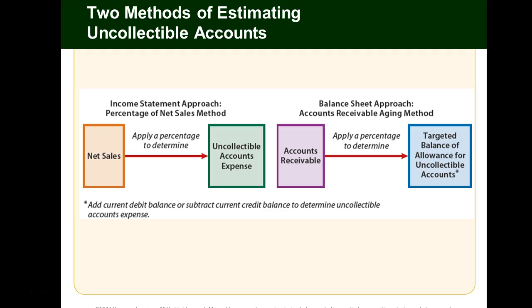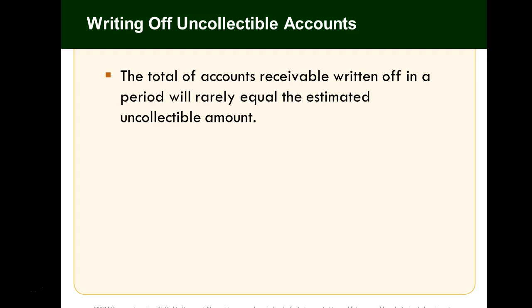So we know the income statement method takes our net sales on our income statement and comes up with a percent. The aging method of accounts receivable takes our accounts receivable, breaks them out by their aging, and applies a percentage of it to determine what should be in our allowance account.